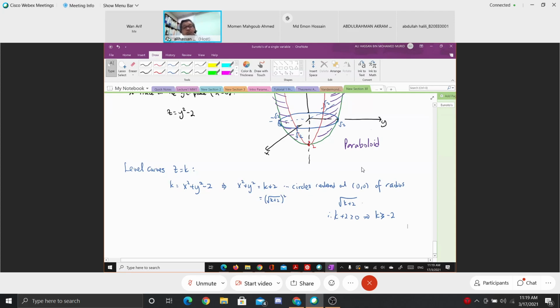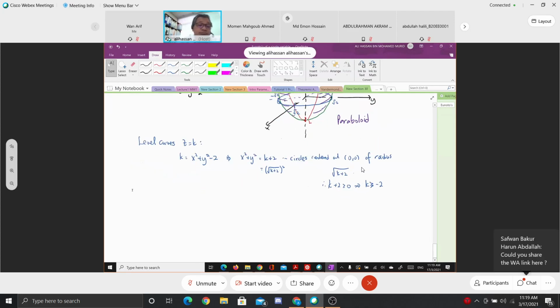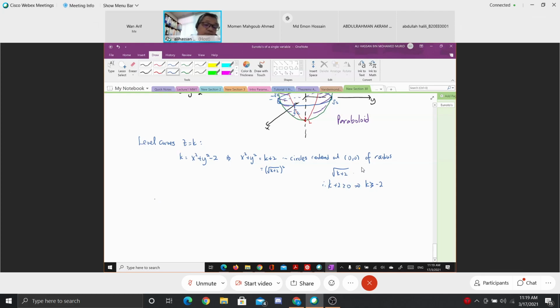So if k equals minus 2, the level curve is x squared plus y squared equal to 0, isn't it? And here the level curve is just a point, the point 0, 0.